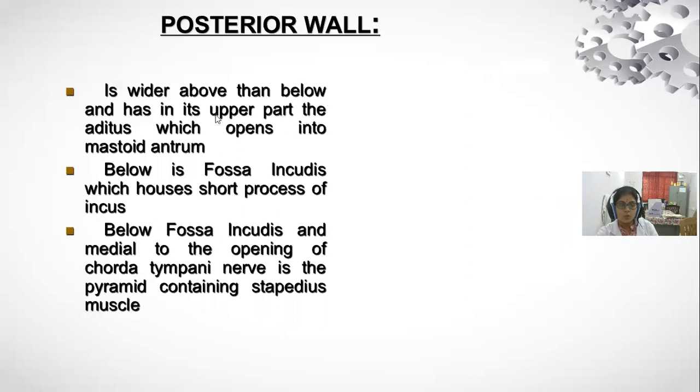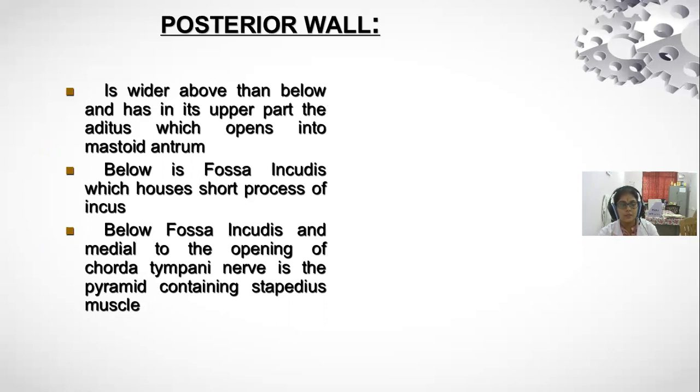Coming to the posterior wall. We have compared the middle ear to a box just for descriptive purposes. But actually, in the human body, when we examine the middle ear by otoendoscopy, when we see through a perforation, or when you do a cadaver dissection, it is actually continuous.